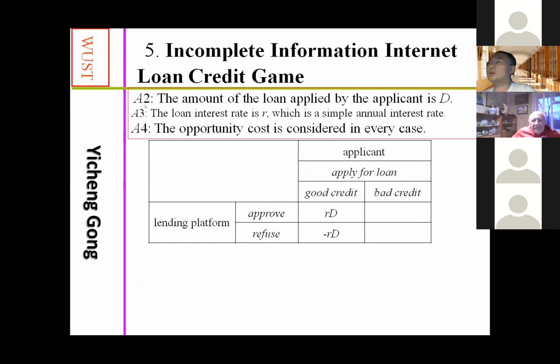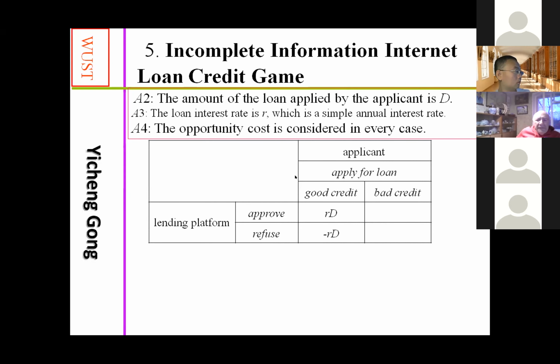Hypothesis 2 is that the amount of the loan applied for by the applicant is D, and assumption 3 is that the loan interest rate is R, which is a simple annual interest rate. The next hypothesis is that the opportunity cost is considered in every case.